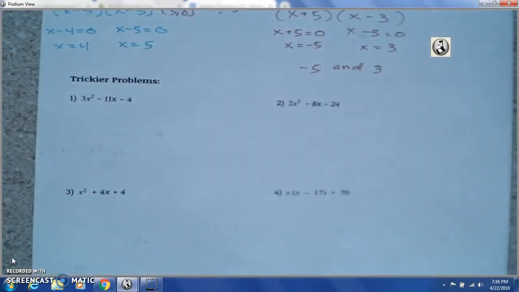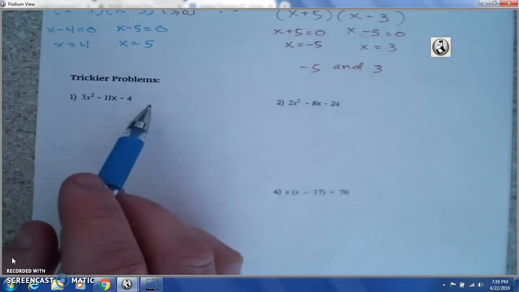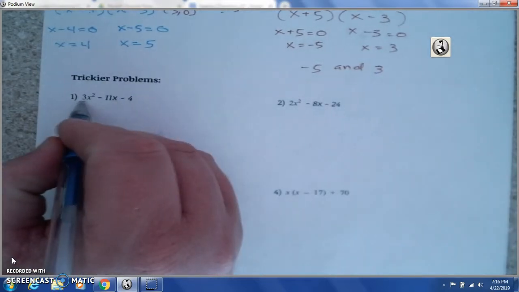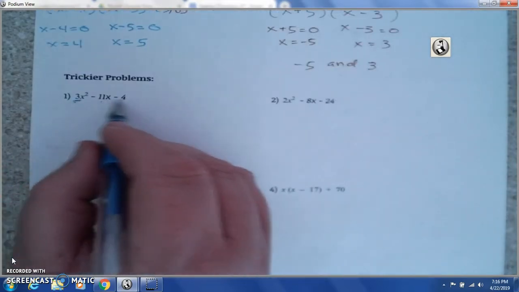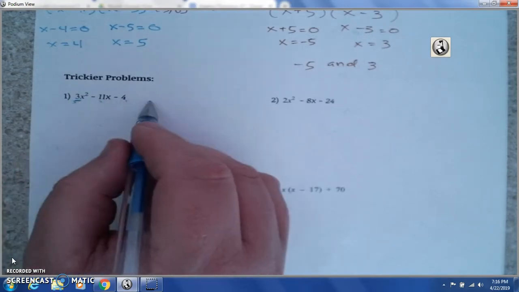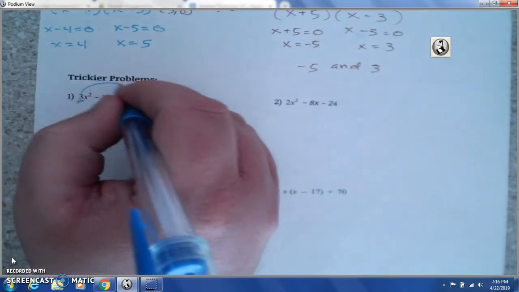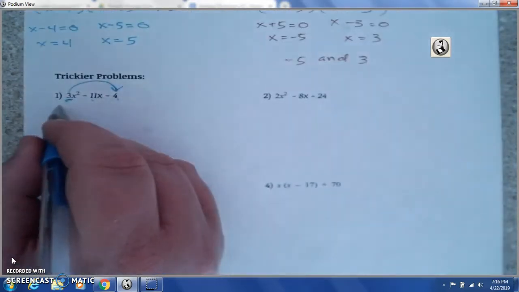Trickier problems, okay? Remember, you want to be able to solve this out. I don't want that 3 there. There's no greatest common factor, meaning 3, negative 11, and negative 4 don't have anything in common, a number that can divide each one of those out. So I do the 3 times negative 4, the slip and slide.